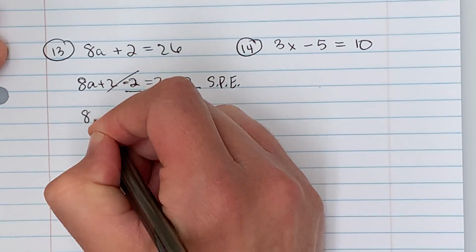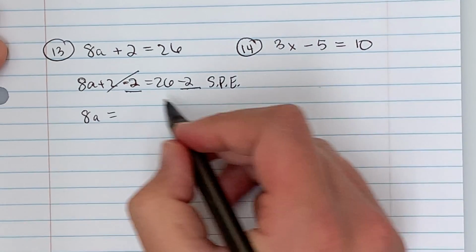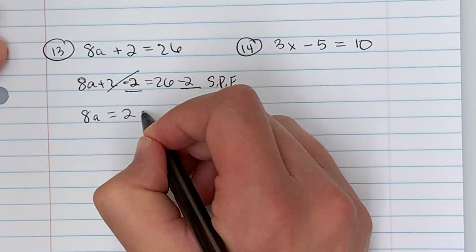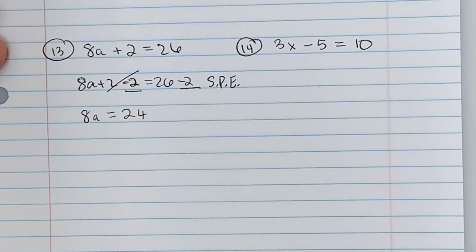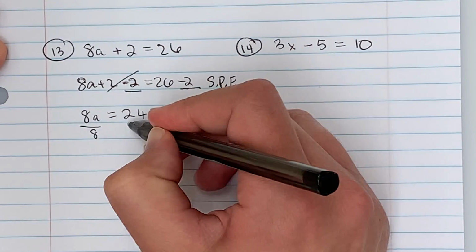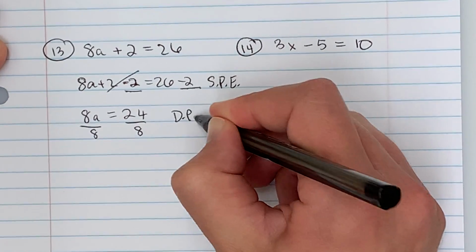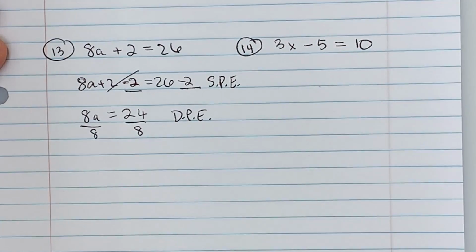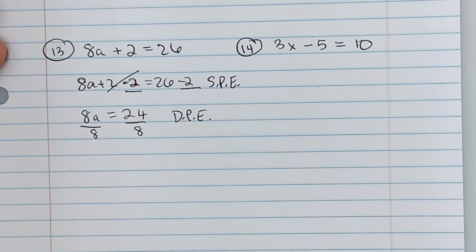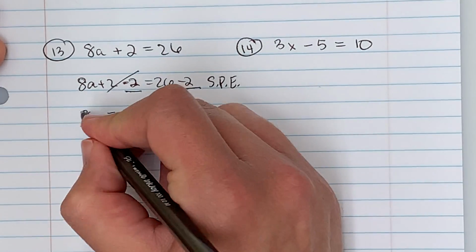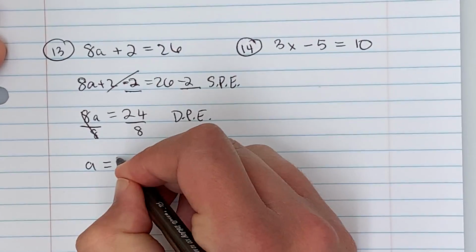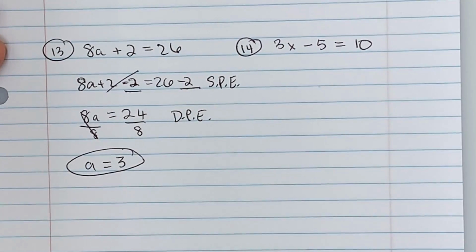We're gonna bring down 8a equals 26 minus 2 is 24. The 8 and the a are multiplying, so we're gonna have to divide both sides by 8. That is our division property of equality, DPE. Our 8's cancel out. We get a equals 3. 24 divided by 8 would be 3.